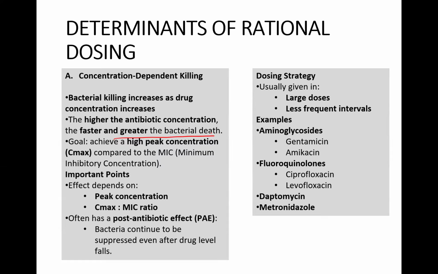So what is the goal? Achieve a high peak concentration, Cmax, compared to the minimum inhibitory concentration. The effect depends on the peak concentration, Cmax, and its ratio to the MIC.